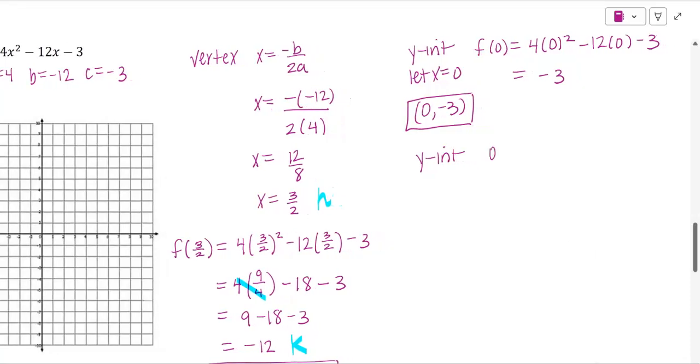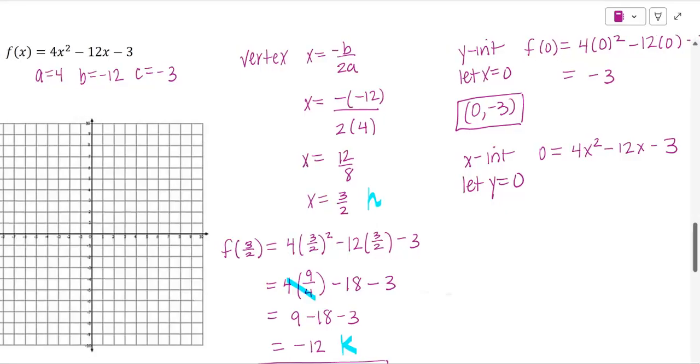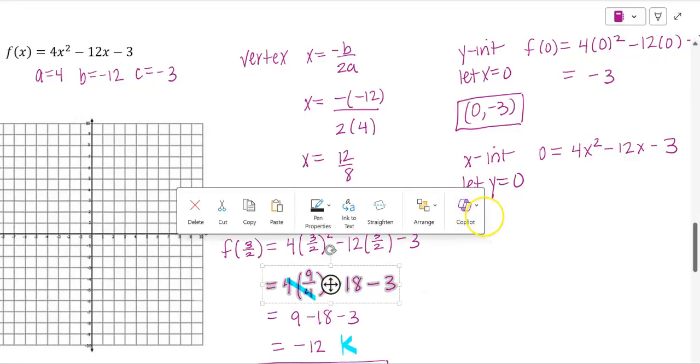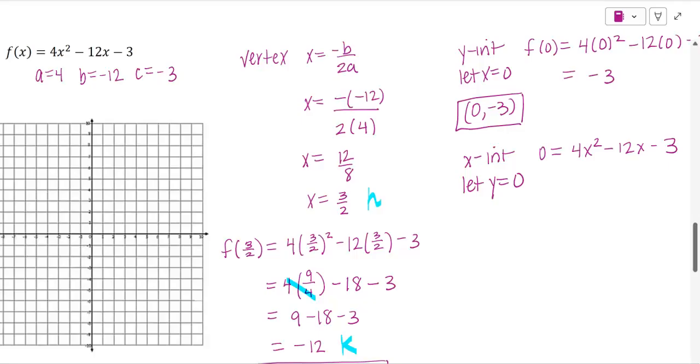So we're trying to solve the equation 0 equals 4x squared minus 12x minus 3. Oops, we're not finding the y-intercept, we just did that. We're finding the x-intercepts by letting y equal 0. We have a is 4, b is negative 12, and c is negative 3. So let's use the quadratic formula.